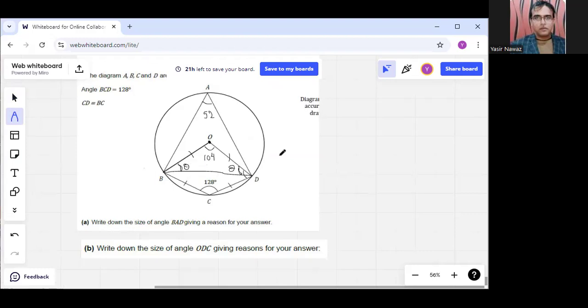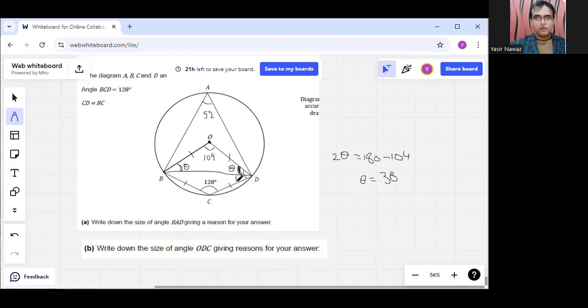So 2 theta plus 104 is equal to 180. So 2 theta is equal to 180 minus 104. That's 76, divided by 2 is 38. So theta is equal to 38. So this angle is 38.